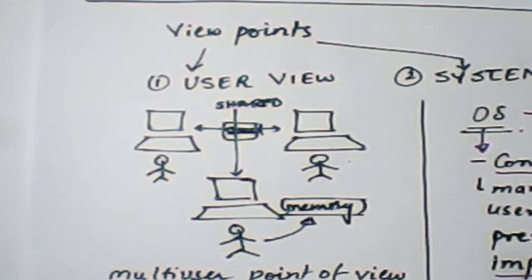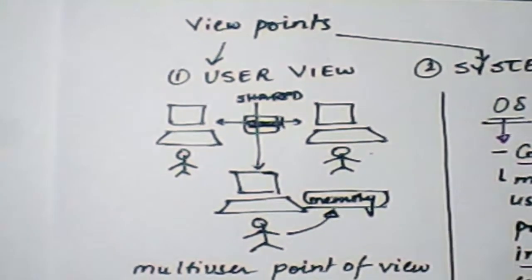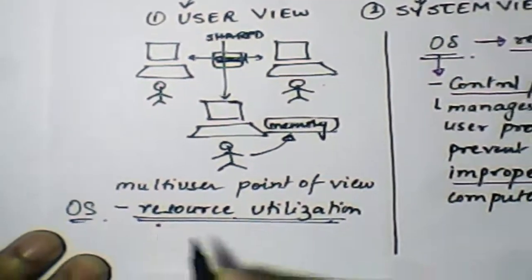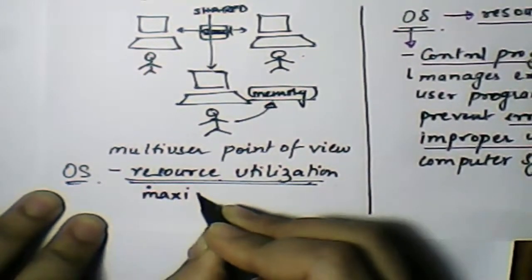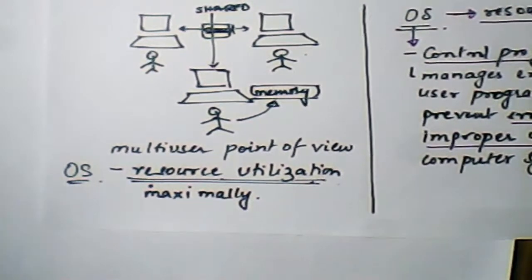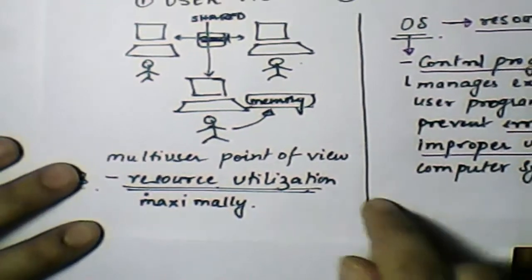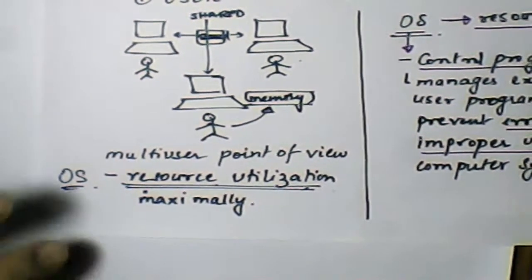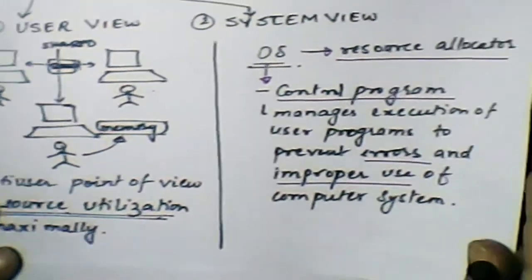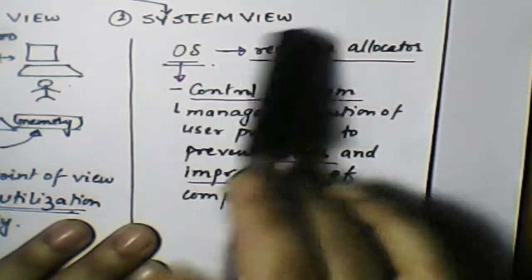That is why we need an operating system, sort of a manager, who will utilize the resource maximally. For maximum utilization of the resources, we need an operating system which is managing in case of multi-user system. From user point of view, user thinks that it has been given everything, but there is a sharing of system in the backend. So this is a user point of view, and the role of operating system is to maximally utilize the resources.